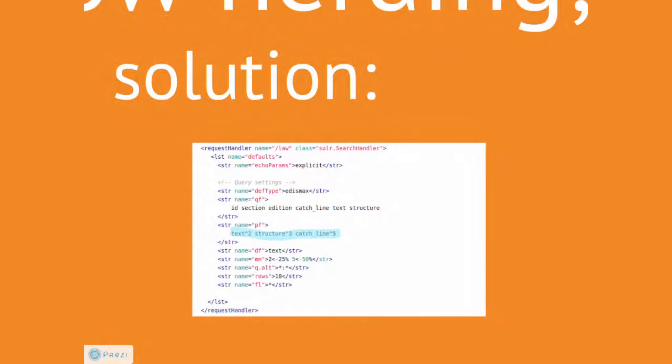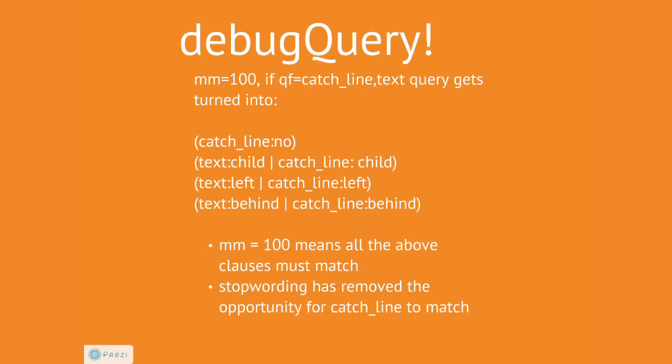And a final interesting problem that gets at the harder part of the easy scale. It turned out that No Child Left Behind is actually in the corpus. We searched for it, and interestingly, it still returns 0 results. We started seeing this after we changed qf. If we turn on debug query and add, say, the catchline to qf, it turns out that text is stop-worded.